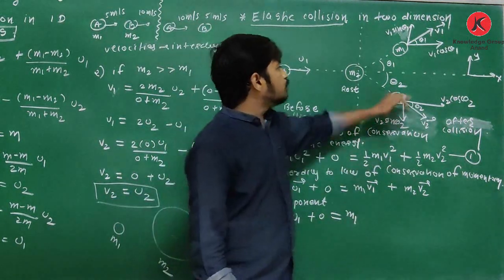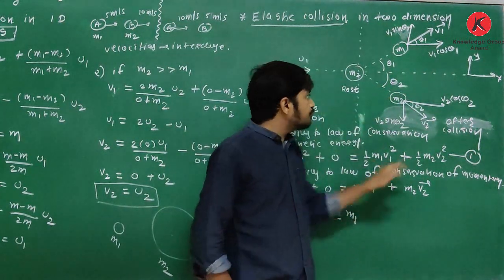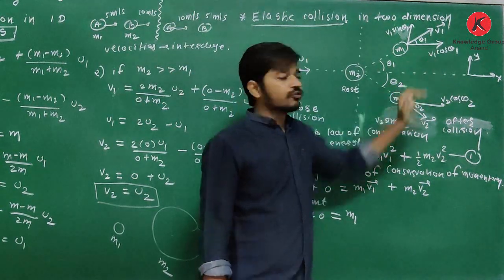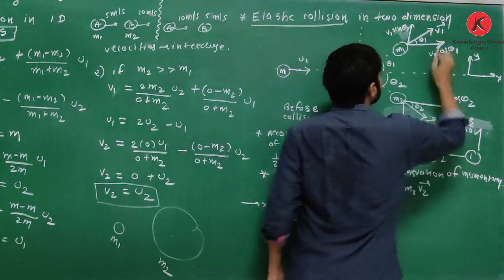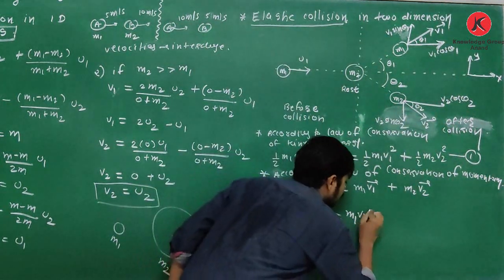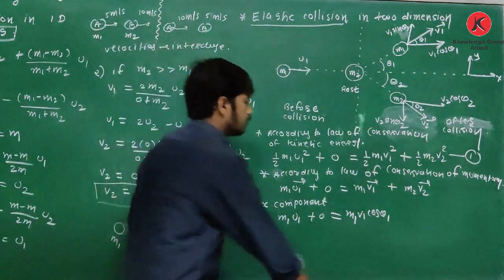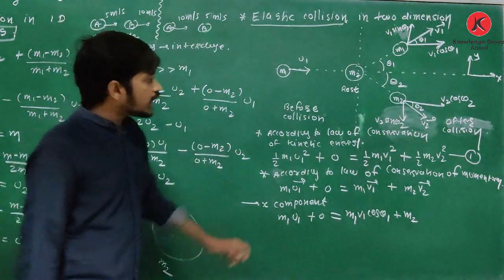What is the x component of v1? Here it is v1 cos theta 1, in this direction. So here it is m1 v1 cos theta 1. Now plus m2 v2. What is the x component of v2?